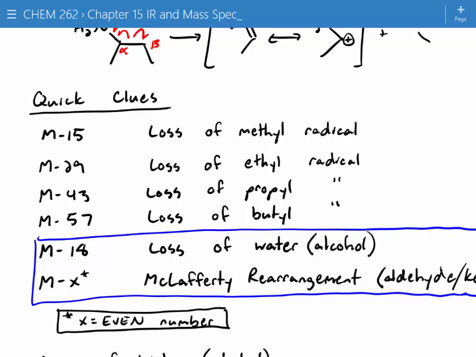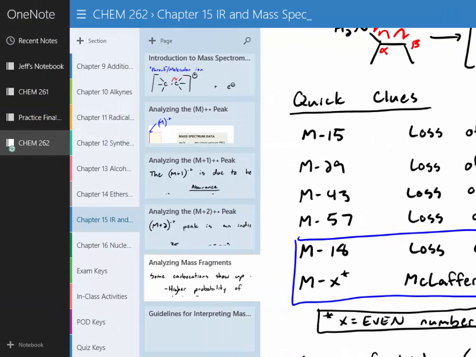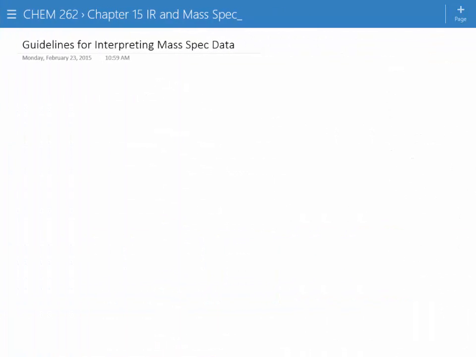So let's quickly go through our guidelines for interpreting mass spec and try to come up with some sort of systematic scheme of breaking down all the data that we have, because I know it can be really overwhelming when you see it all at first. All right, so step number one is pretty easy. We want to just determine the molecular weight. How can we determine the molecular weight of our molecule of interest?